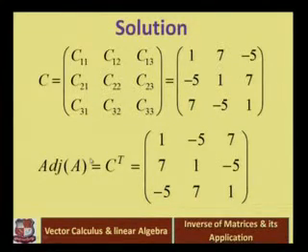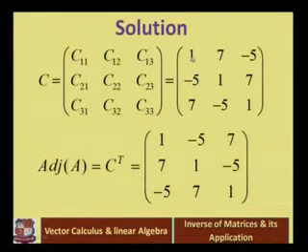Now we want to find the adjoint, and adjoint can be found by the equation adjoint of A is equals to transpose of the cofactor matrix. For that, interchange the rows and columns of this cofactor matrix.